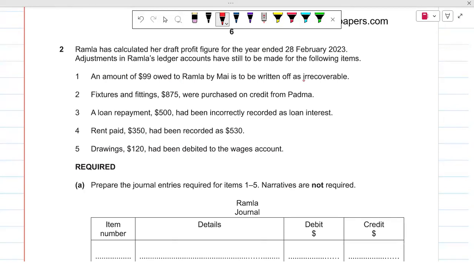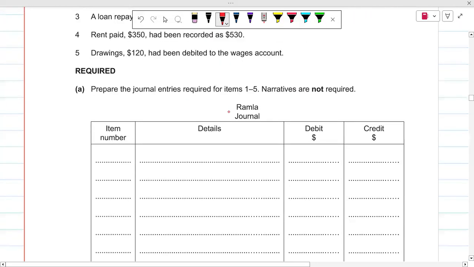So if it is irrecoverable, it means that Ramla is basically the owner and My is basically your debtor, because $99 owed to Ramla by My is to be written off as irrecoverable. So it means that this is our bad debt. What type of entry do we have to make for this transaction?